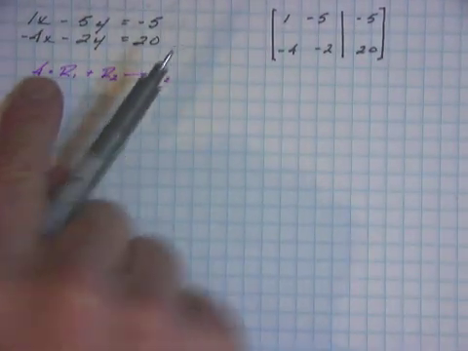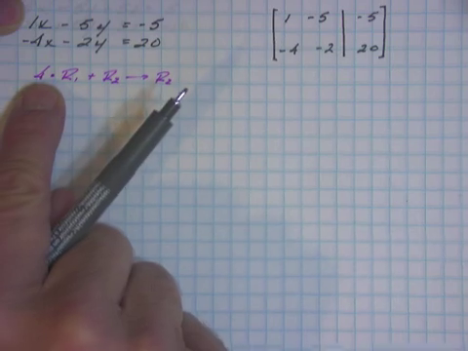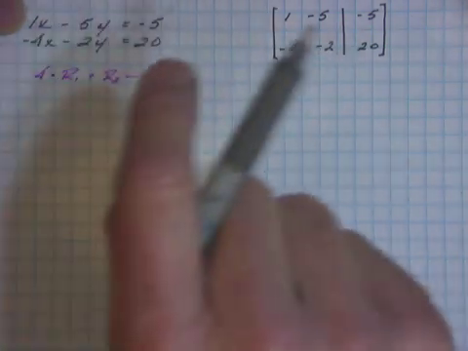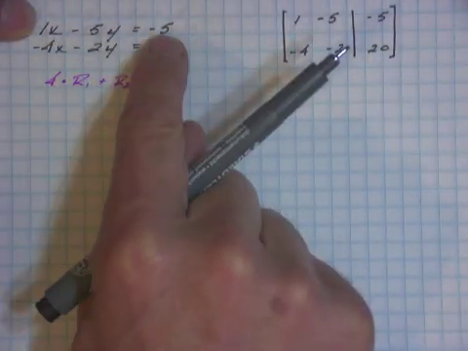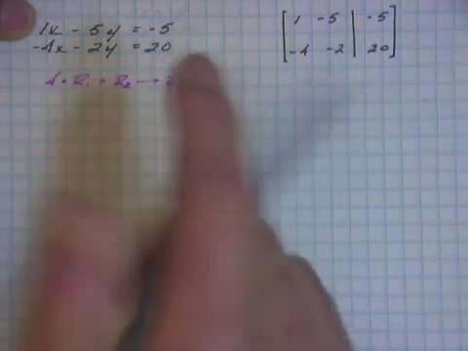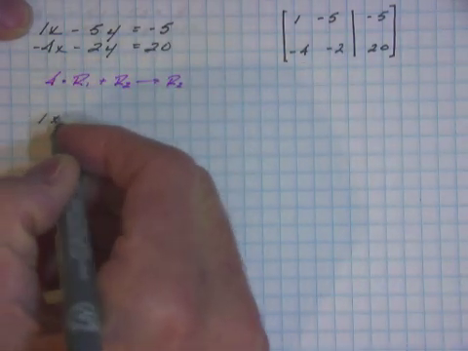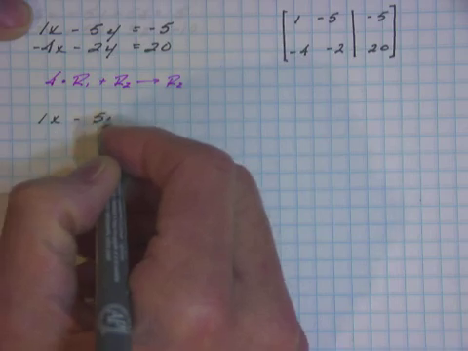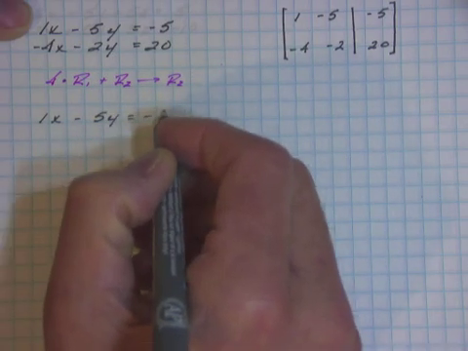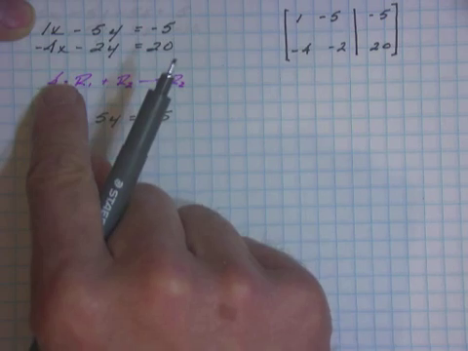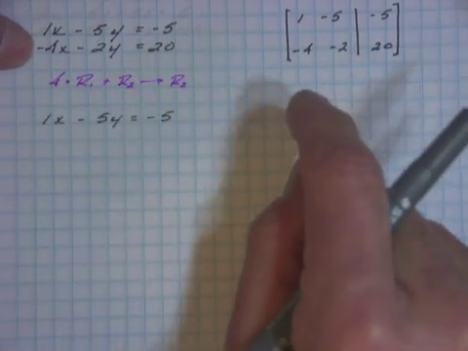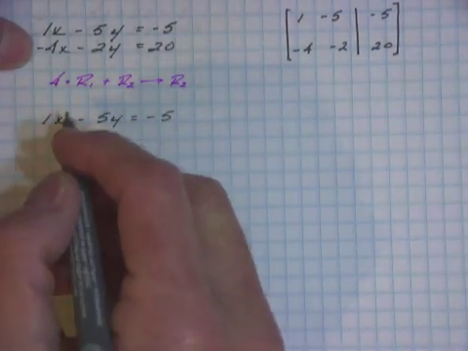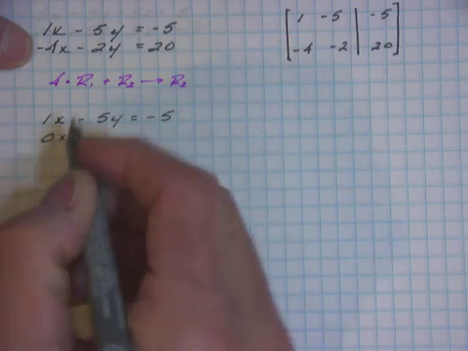Okay? So, let me back up. I'm not changing row 1. I'm changing row 2. So I'm going to put row 1 here: 1x minus 5y equals negative 5. Now let's go. 4 times 1 is 4 plus negative 4 is 0.